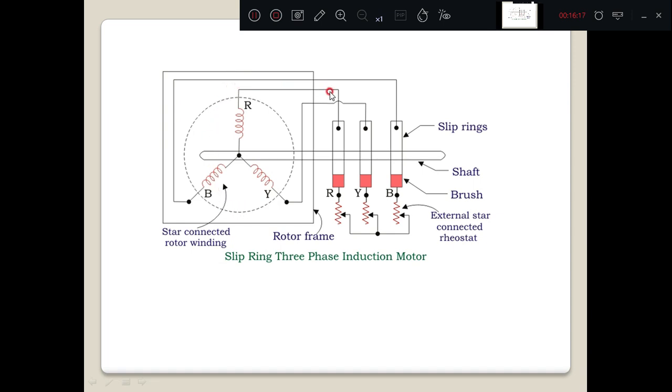These are all brought outside through 1, 2, 3 slip rings, and externally these windings are short circuited. These resistors are used externally so that you get more torque and other benefits. So the basic construction of the slip ring induction motor consists of a three-phase winding, with terminals brought outside through slip rings and externally short circuited through a resistance.